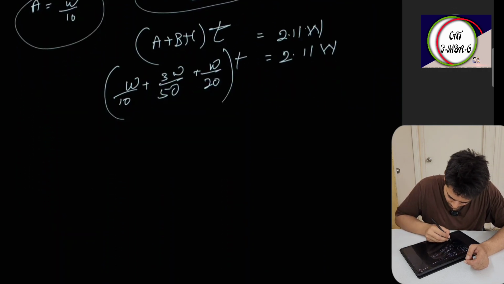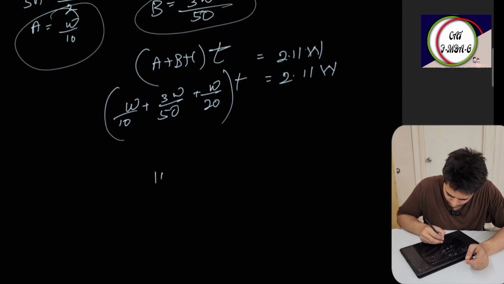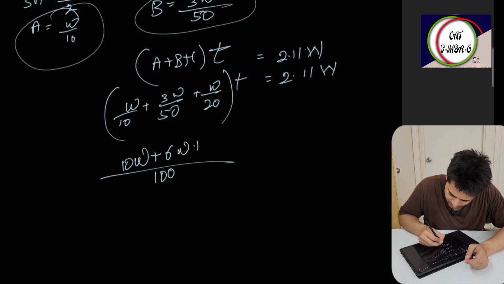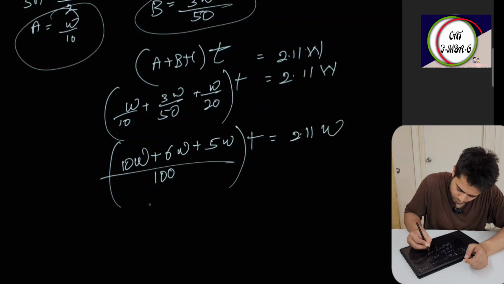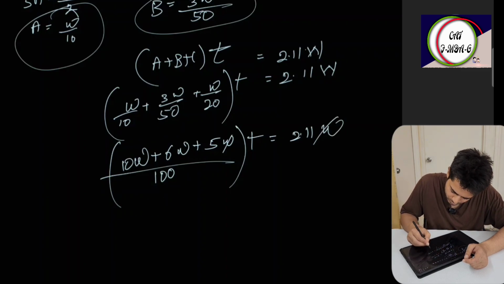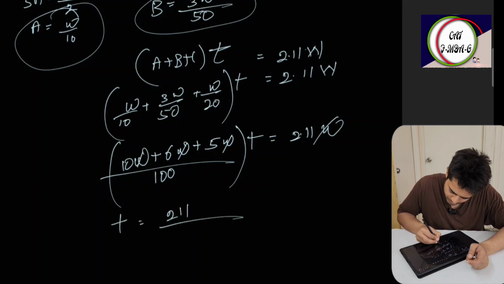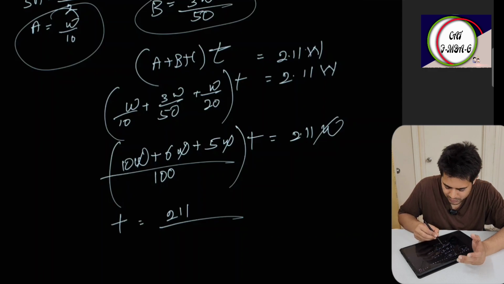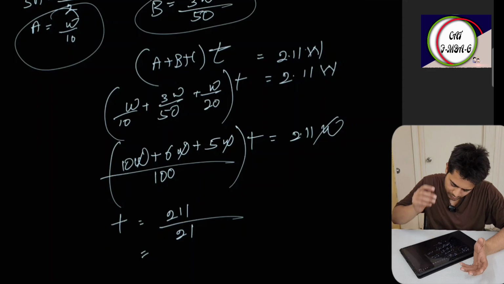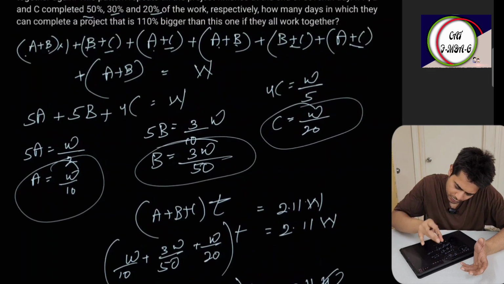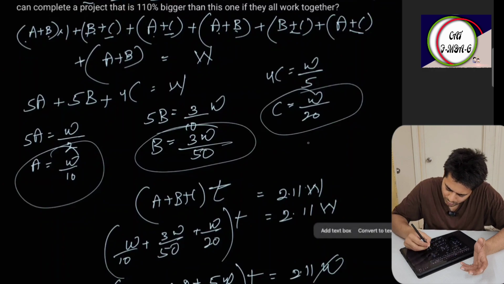Now if you take LCM as 100, so 10W plus 6W plus 5W into T is equal to 2.11 W. So W gets cancelled. So T is equal to 211 divided by 10 plus 6 is 16 plus 5 is 21. Now how much is 110% bigger?